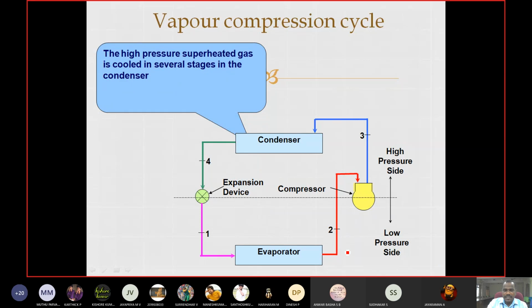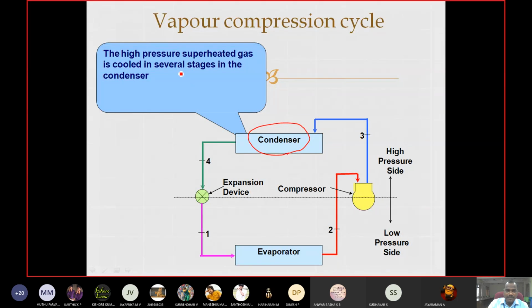Then we have the condenser. The high pressure superheated gas, after compression, is cooled in several stages in the condenser. So you know this chiller will be involved here.